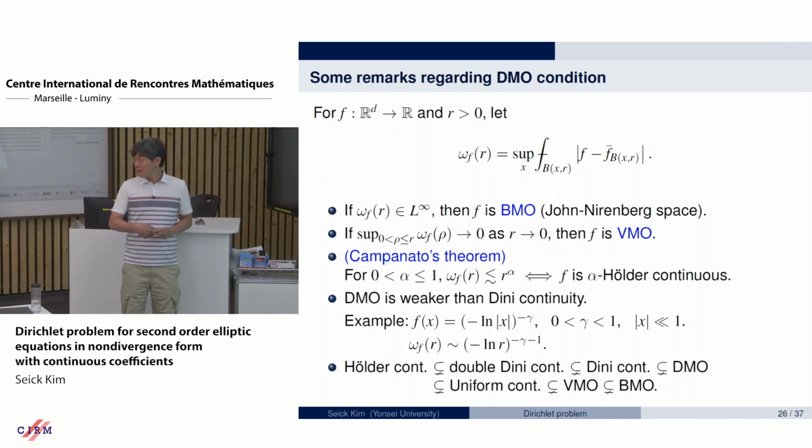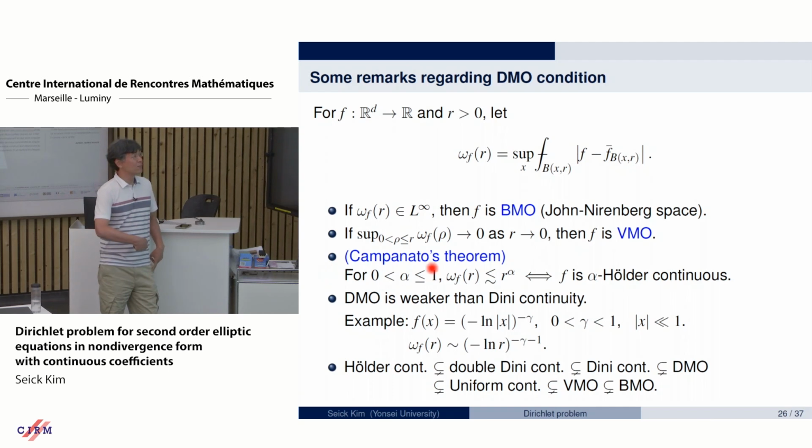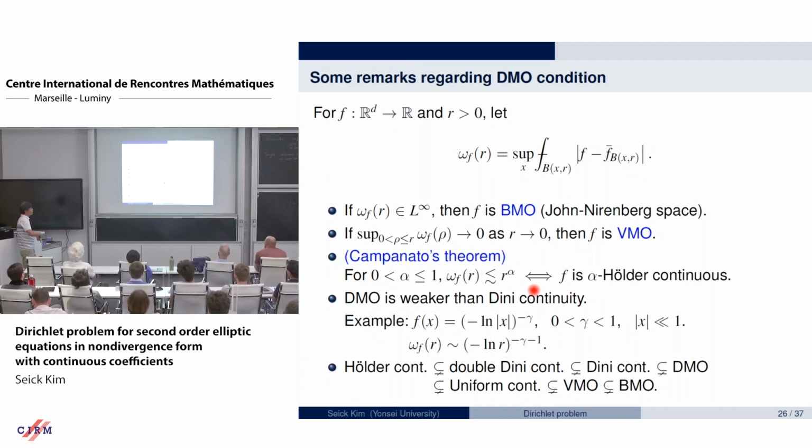Then there is a very famous theorem due to Campanato. If the mean oscillation is like a power and is in this range, then this is equivalent to f being Hölder continuous. That's a real equivalence.